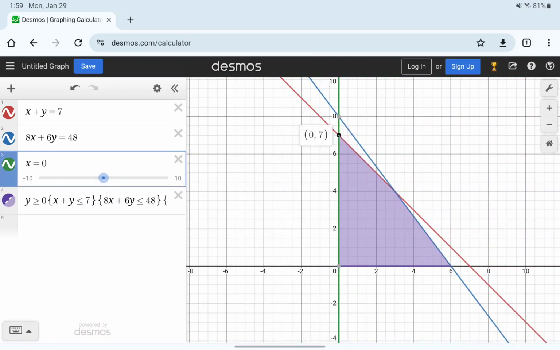And we can identify our points of intersection at (0, 7), (3, 4), (6, 0), and the origin (0, 0).